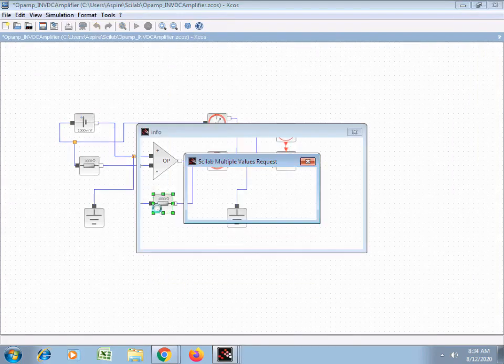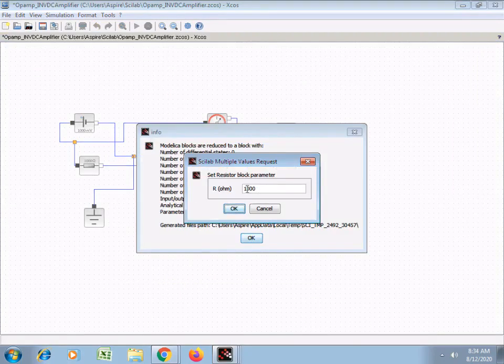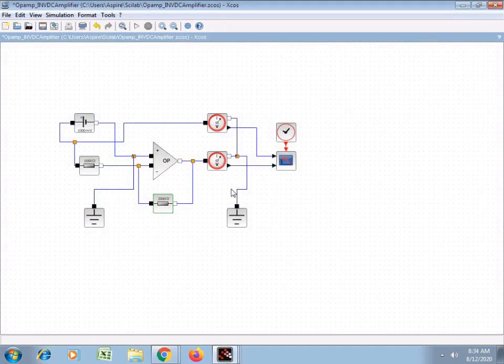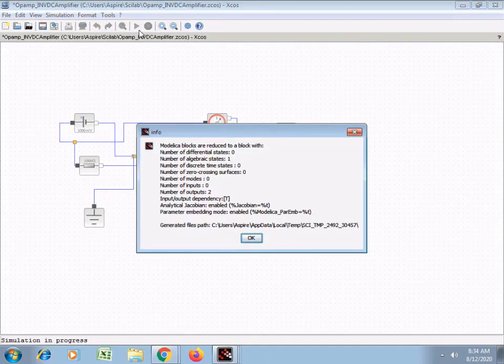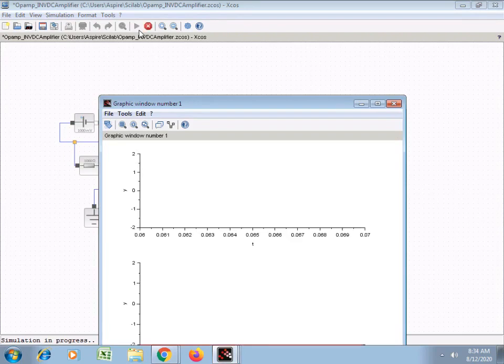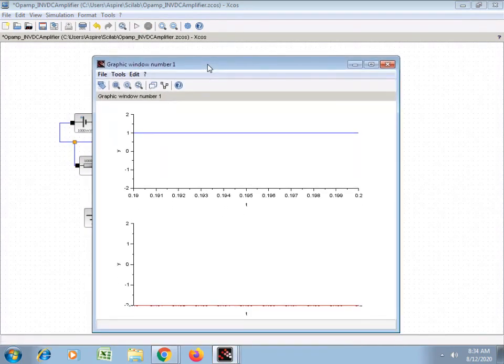Now I increase the gain. Suppose I set this value of RF to 2000, and now I will start the simulation. Now the gain becomes -2, because the output voltage is equal to -2.